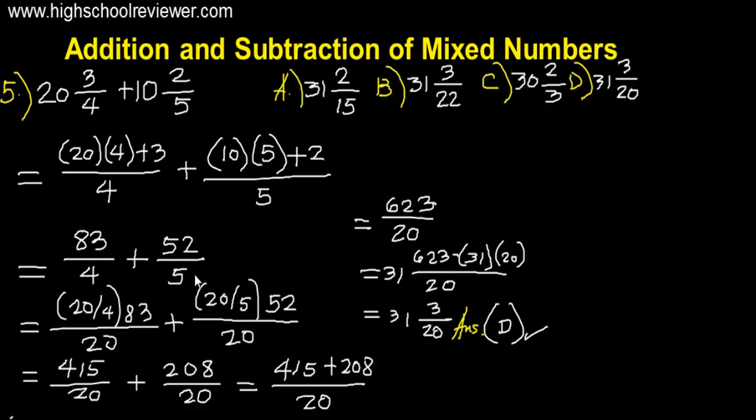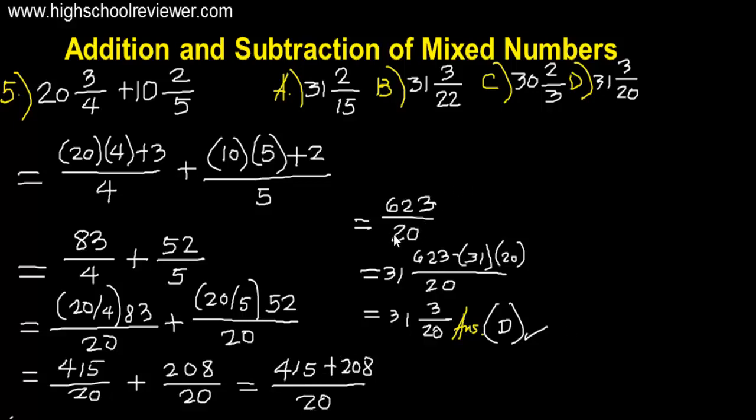The LCD of 4 and 5 is 20. And then, same step, find the new numerators. The LCD divided by the old denominator multiplied by the old numerator. And once you found the numerators, you may add all the numerators. Just copy the denominator.